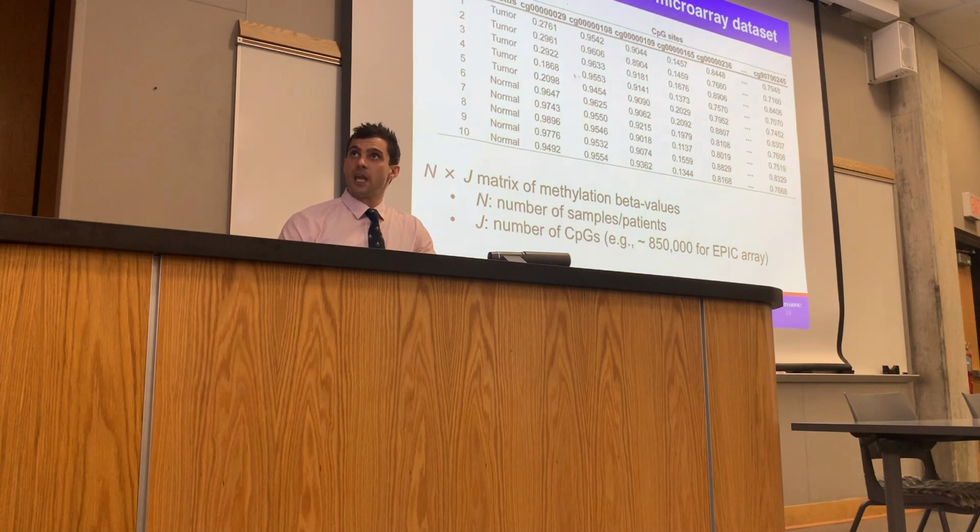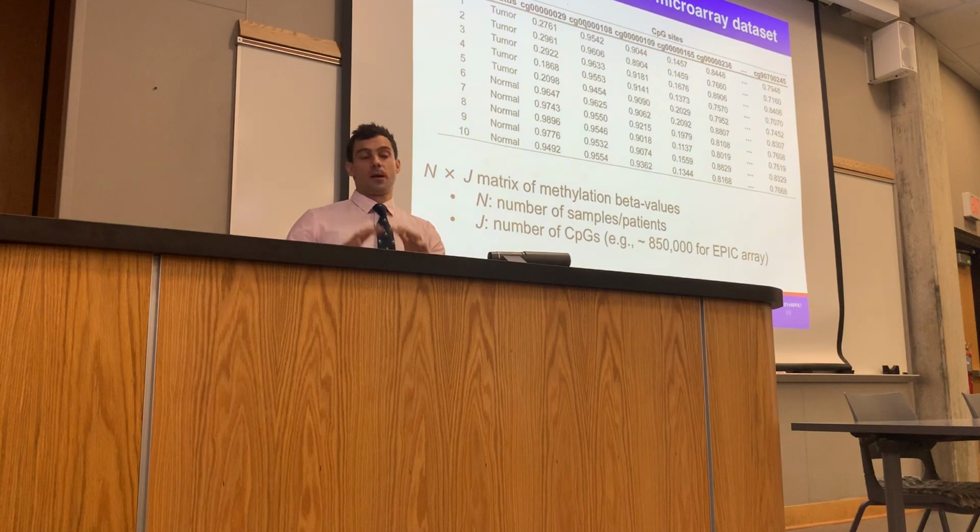Each row of this table represents a different subject or a different person. We have 5 tumor samples, and we also have 5 adjacent normal samples. The columns of this table represent different CpG sites throughout the genome. So this is a label, just a unique code for a specific CpG that sits somewhere in the genome. And same thing with this.